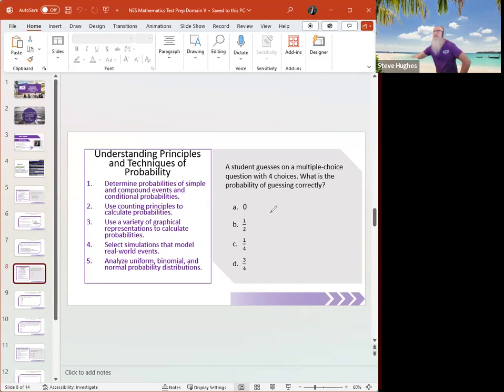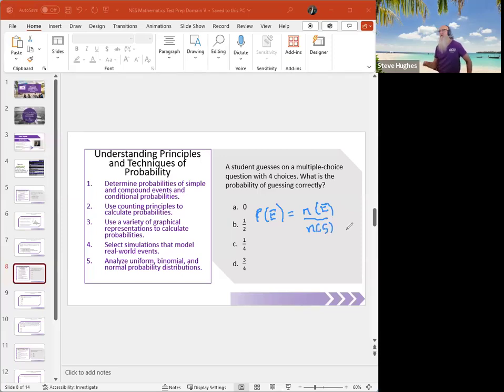The probability of an event E is equal to the number of ways the event can occur divided by the number of items in the sample space. That's the cardinality, n(E) over n(S). E is the event, S is the sample space.